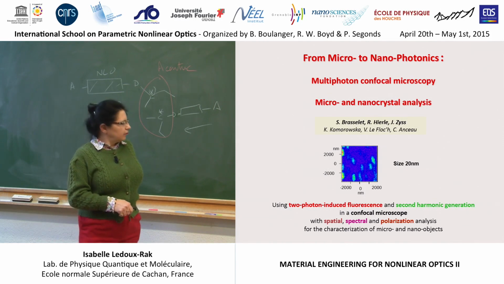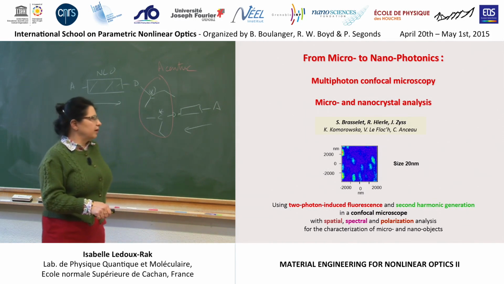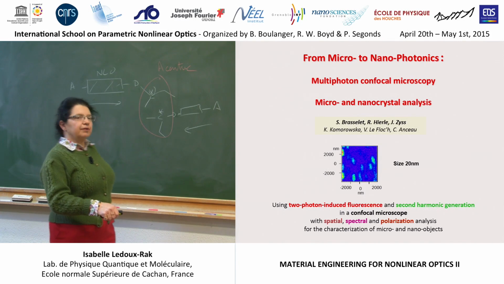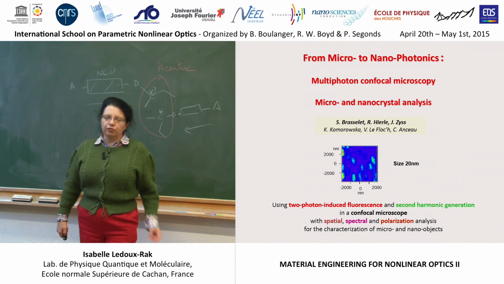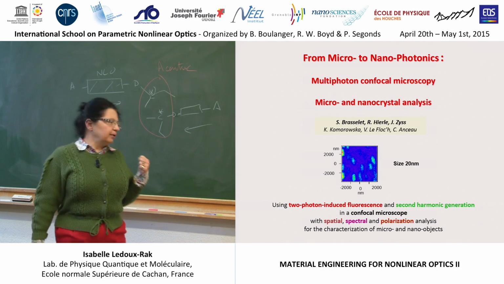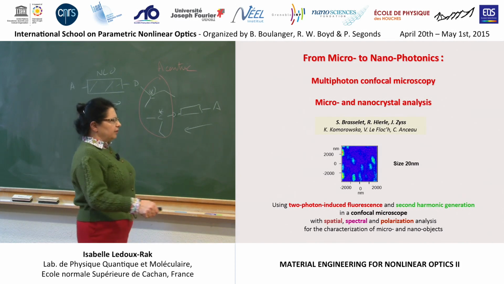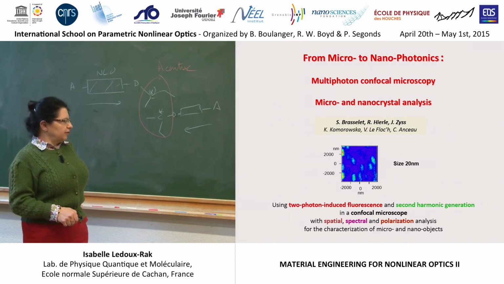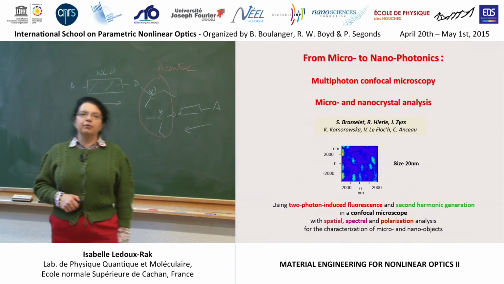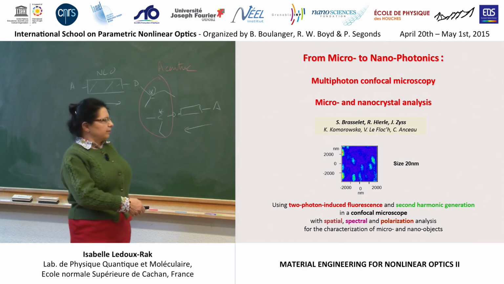And the setup should show some spatial, but mainly spectral and polarization analysis in order to be sure that the object is single crystalline, that the object really emits second harmonic generation, and polarization analysis will tell us about the symmetry of the particle.